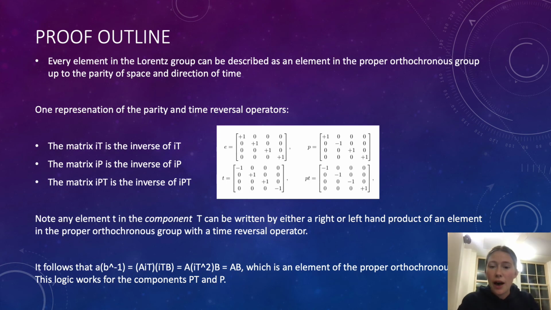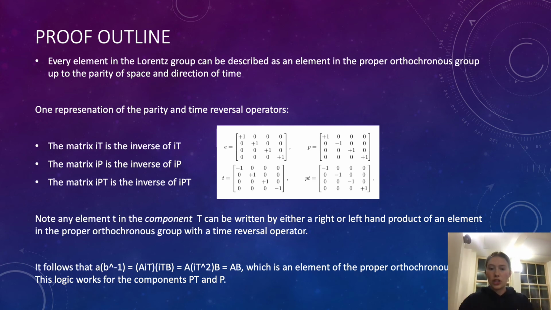Okay, so a brief outline of the proof. Every element in the Lorentz group can be described as an element in the proper orthochronous group, up to a parity of space and direction of time. So we have these elements in our components that we can use as almost identities of their specific reversal. So the matrix I defined as IT, for example, I define as the time reversal operator.